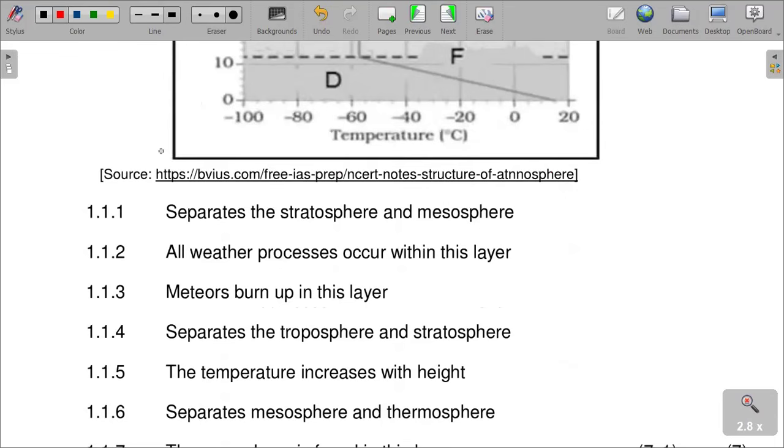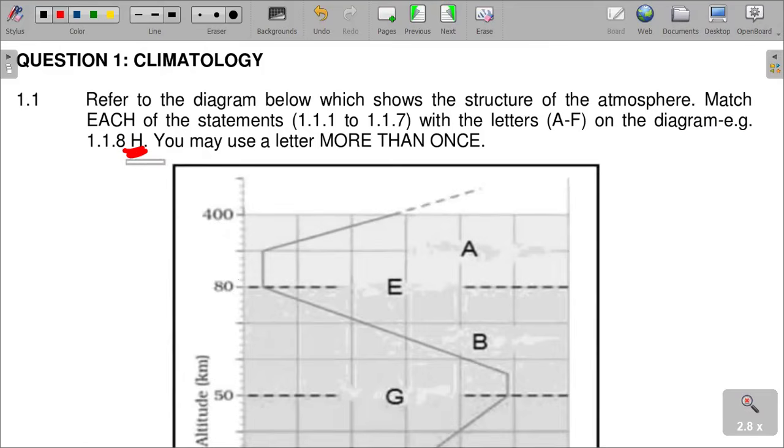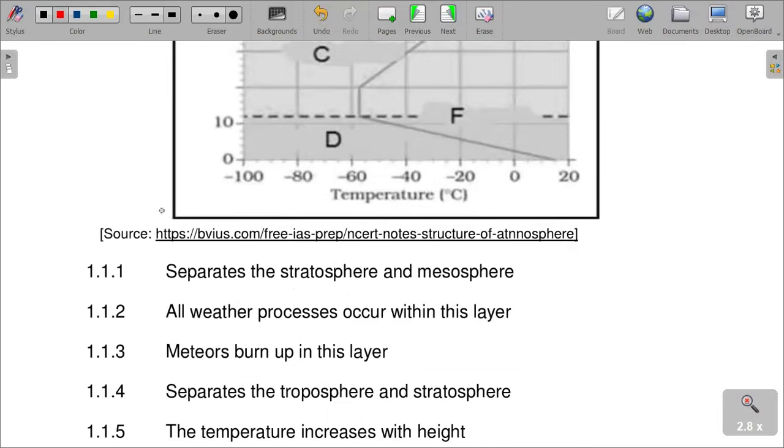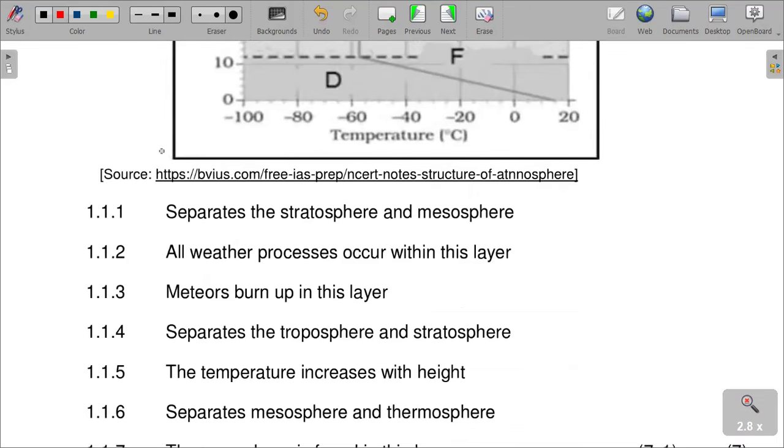So now, without wasting any time, the question says identify. We are supposed to identify the letter that represents each of the following statements. The letter that represents what separates the atmosphere and the mesosphere. What separates the atmosphere and the mesosphere?